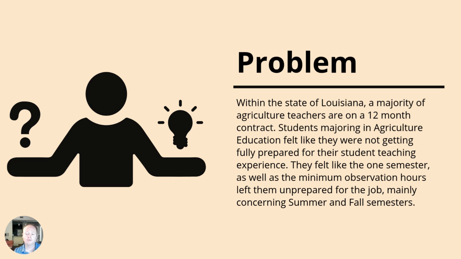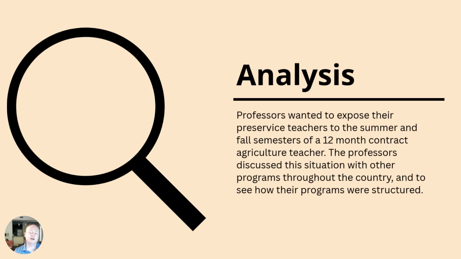So we put our minds together and said, how can we prepare our students? That was our problem. Analyzing, again, the professors wanted to expose their students to the summer and the fall semesters of a 12-month contract. We only sent our pre-service teachers to student teach during the spring.